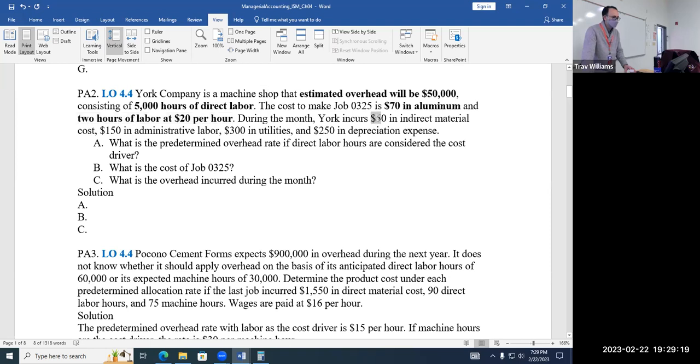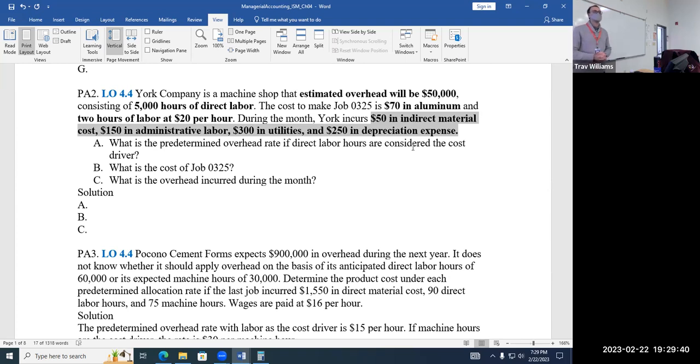Then they've got some indirect material costs, administrative labor, utilities, and depreciation. First question, what is the predetermined overhead rate if direct labor hours are considered the cost driver?